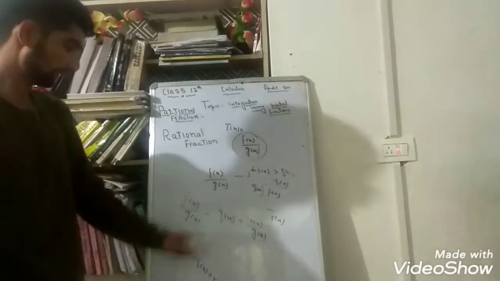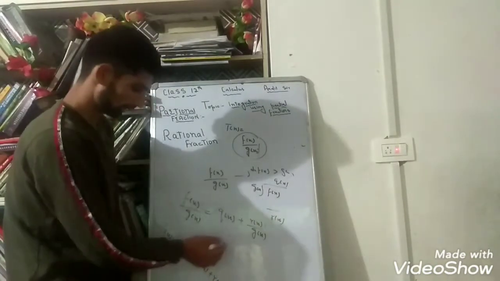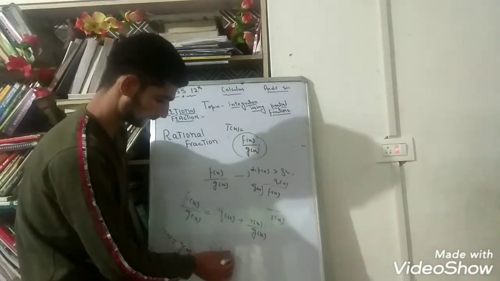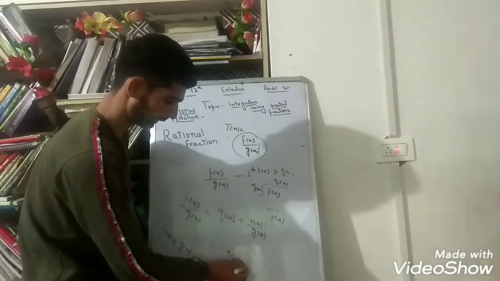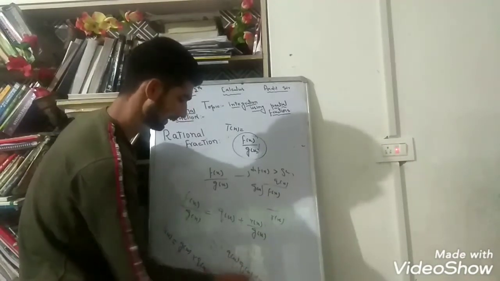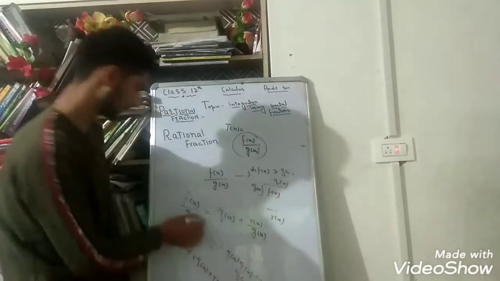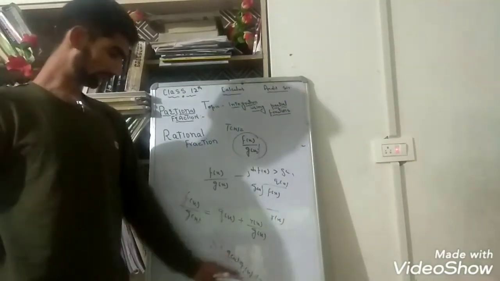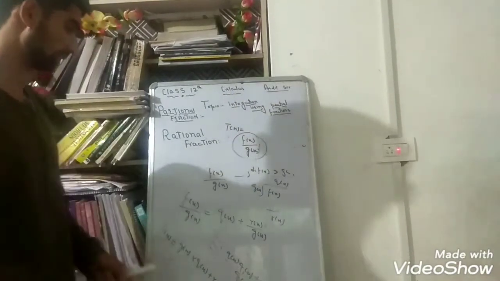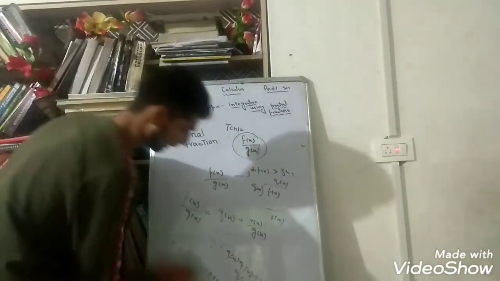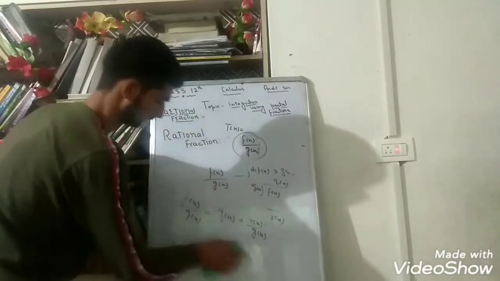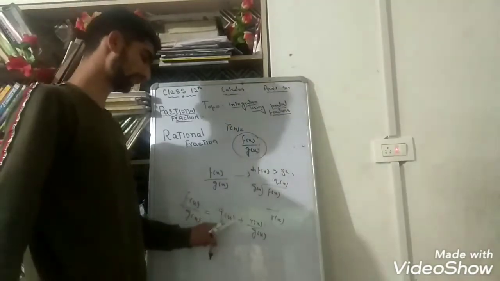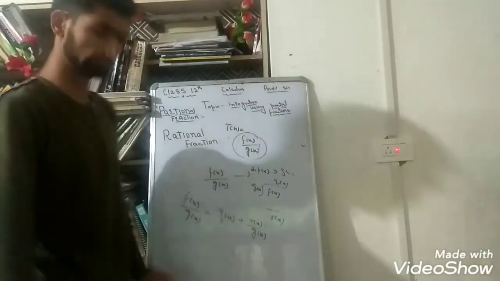So this is the same, because g(x) gets multiplied by q(x), so it will be q(x) into g(x) plus r(x), divided by g(x). The g(x) will get cancelled, we get f(x) equal to q(x) into g(x) plus r(x), that is the Euclid division lemma. So f(x) divided by g(x) is equal to q(x) plus r(x) divided by g(x).